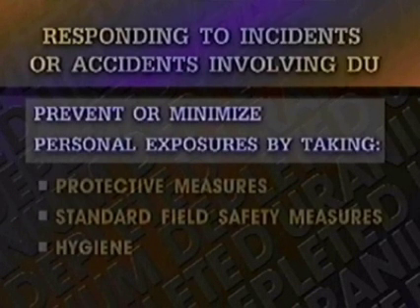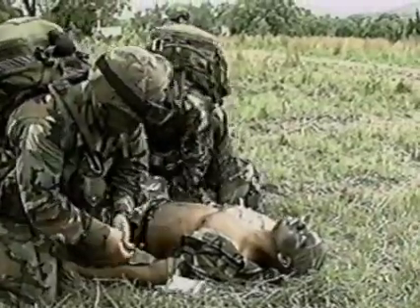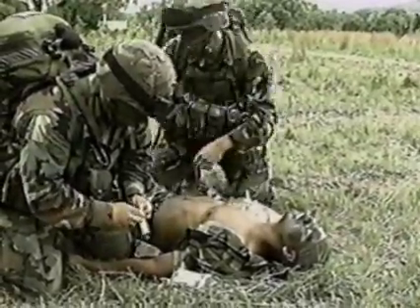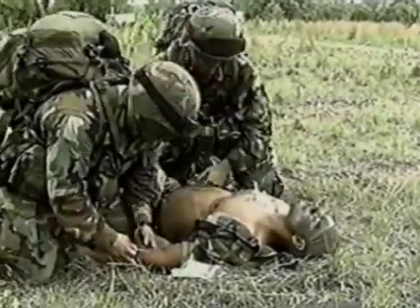If you respond to incidents or accidents involving DU, you can prevent or minimize personal exposures by taking simple protective measures in addition to standard field safety measures and hygiene. Since, under most circumstances, DU contamination does not pose a hazard, it is paramount that you continue operations, perform combat life-saving and other operations exactly as you would if DU was not involved.